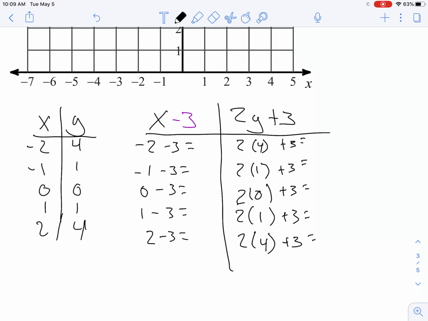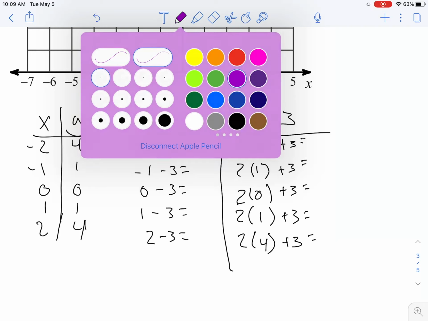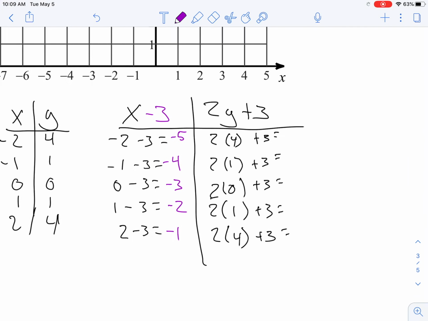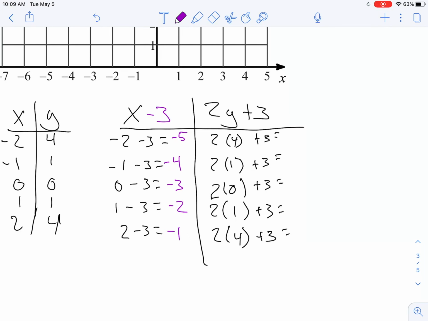So once we build this whole thing out, we do some calculation. I'll do these in purple. So -2 minus 3, -1 minus 3, 0 minus 3, 1 minus 3, and 2 minus 3. On this side, we have order of operations.